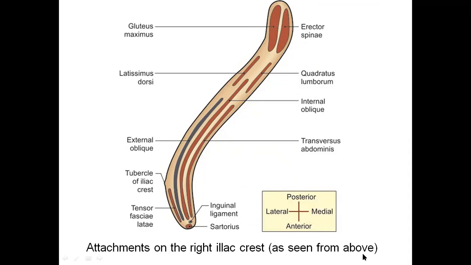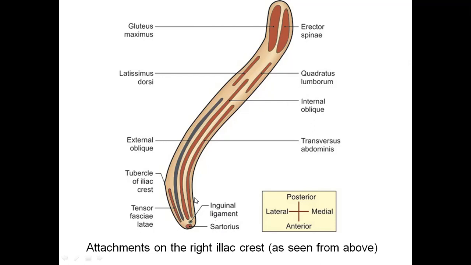Very simple. The anterior superior iliac spine gives origin to the longest muscle of our body. What is that? Sartorius. Then just behind that, there is a very important ligament attached, called the inguinal ligament.